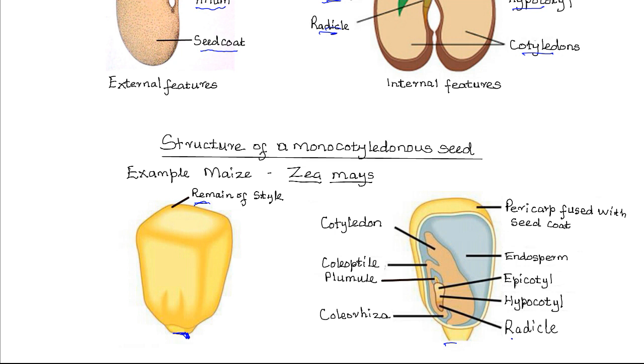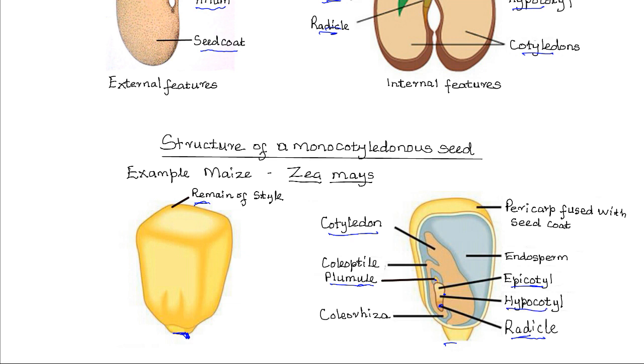You have the radicle, the plumule, and there is a cotyl that connects the plumule and the radicle to the cotyledon. There's only one cotyledon. Now, just like in the dicotyledonous seed, between the plumule and the cotyl, there is an epicotyl, and between the radicle and the cotyl, there is a hypocotyl.